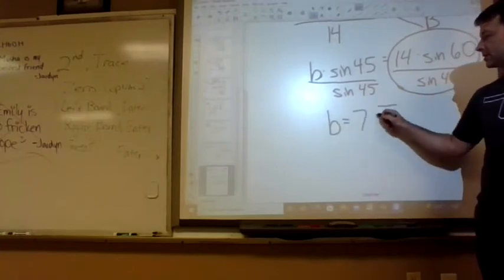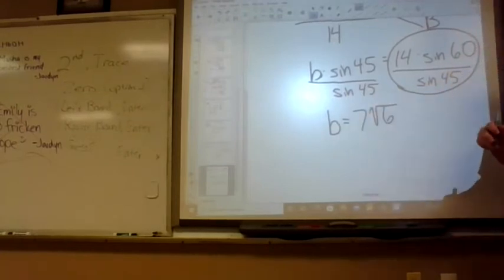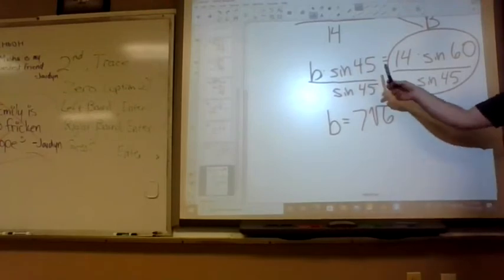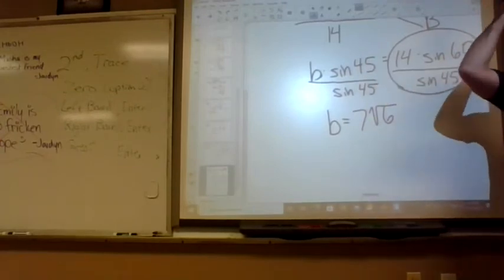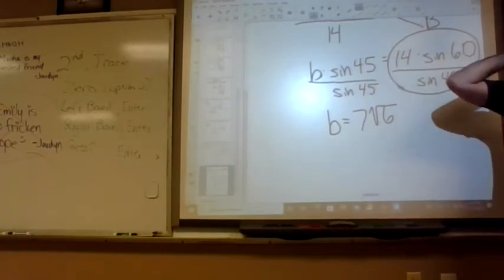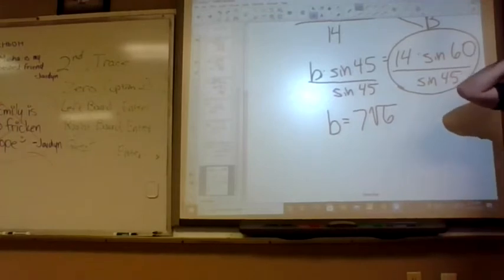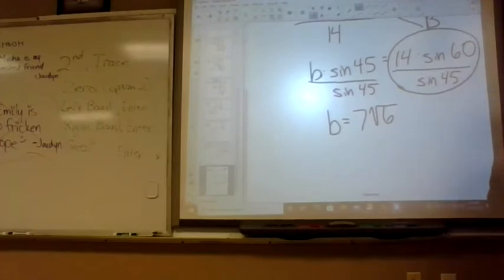If it says 45, what do you think it is? Degrees or radians? What was the answer? 7 squared 6. Yeah, that's not what I got. I got 5.45. That's not the same thing. Jackson, what did you do wrong?